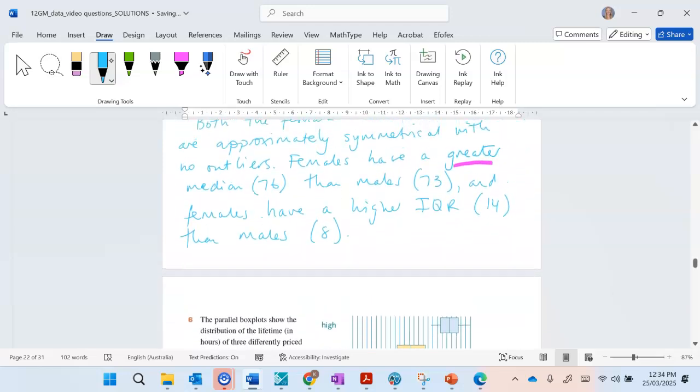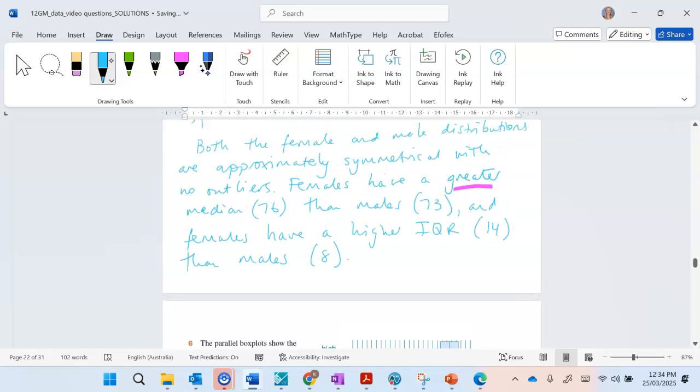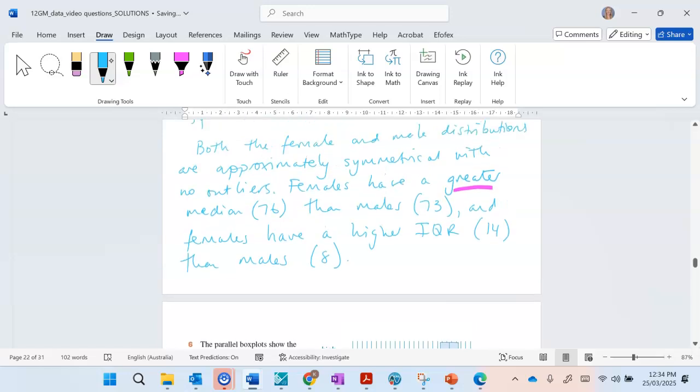Oh, running out of room. So we can say that, you know, if you were doing the interquartile range, this just means it's more varied. All right, and then the median has a higher or greater center, or higher center. All right, so your center is your median.